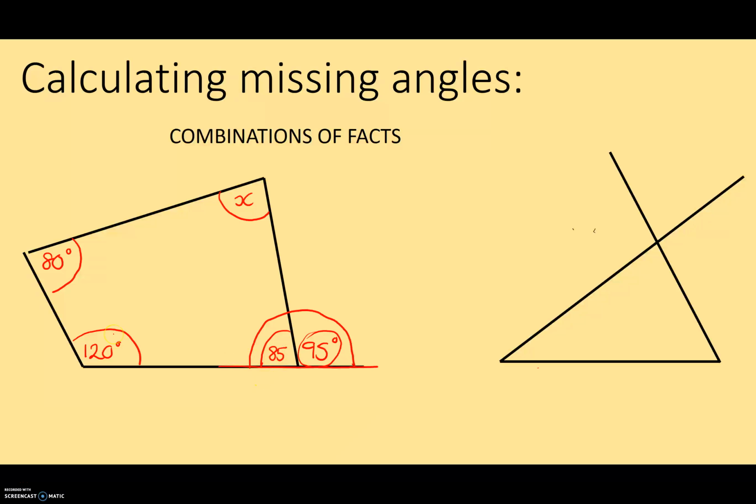And then you've got the 3 angles you need to be able to work out what X is. So if you do your 80, add your 120, add your 85, you get 285 degrees, and then X is going to be 360 subtract 285, so X is worth 75 degrees.